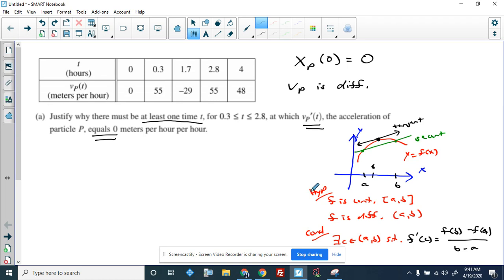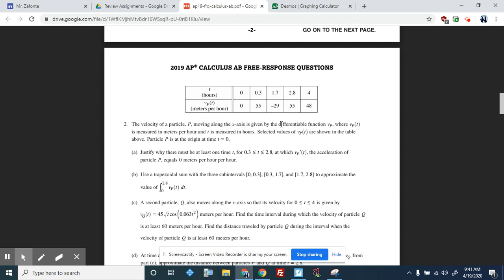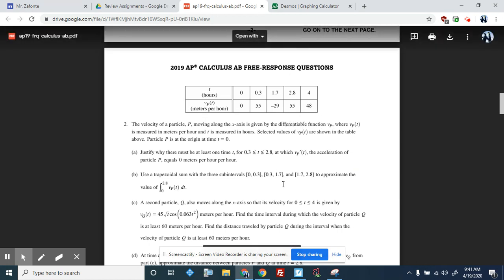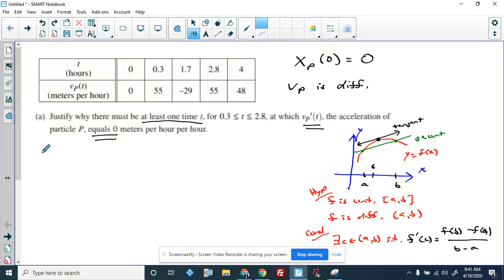First off, the hypothesis. The function we're doing this to is right here. So do I know it's continuous and differentiable? You do, and you have to state why you do. If we go back to this right here, it tells you it's given by the differentiable function vp. So that's huge. The fact that vp is differentiable implies that it is also continuous. The converse of that is not true.